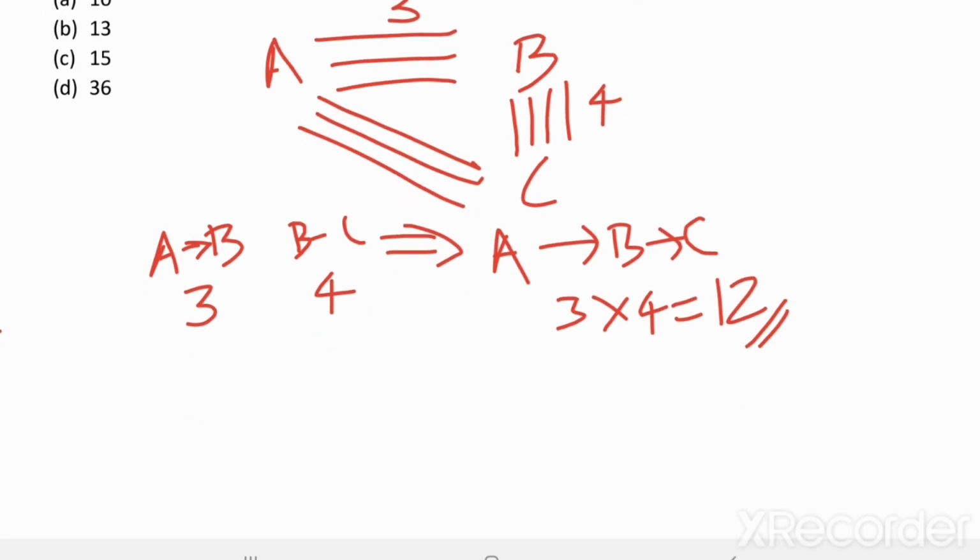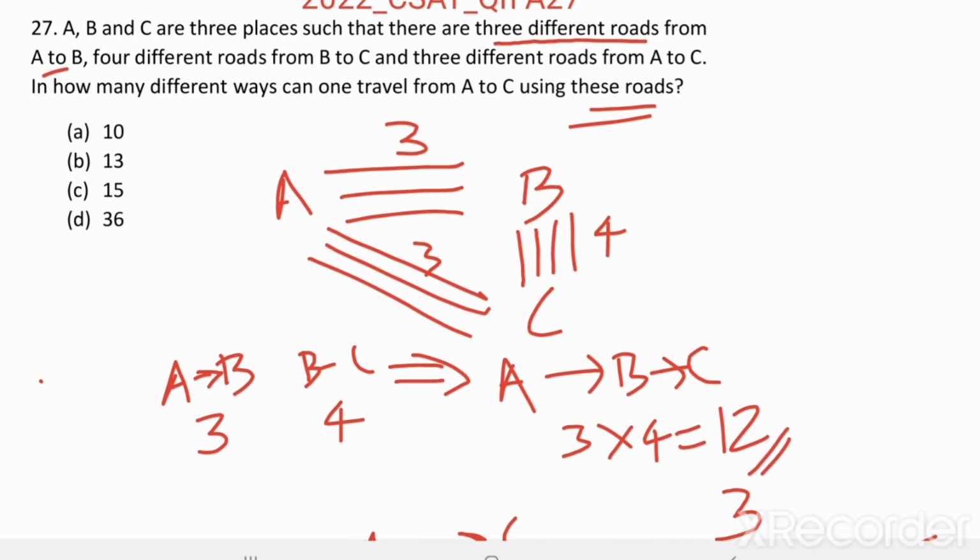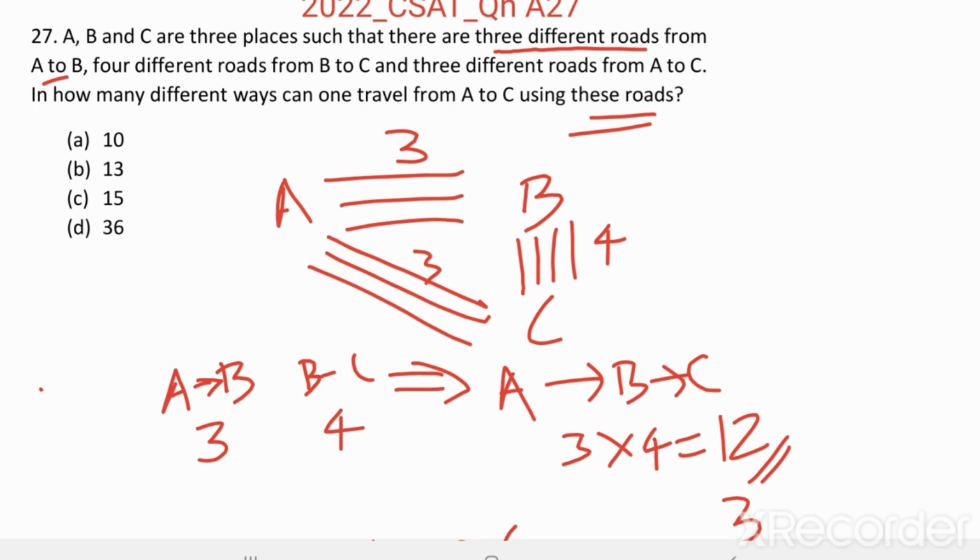Then directly A to C there are 3 ways. So total ways to reach A to C equal 12 plus 3, which equals 15. Option C is the right answer.